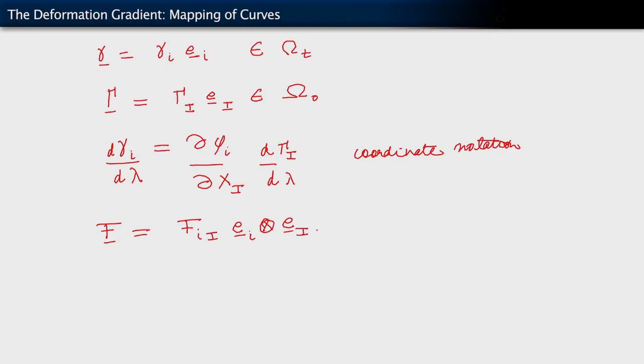Okay, remember that the lower and uppercase indices, little i and capital I, just remind us that the corresponding, so to speak, legs of the tensor are to be thought of as living respectively in the current configuration and in the reference configuration.